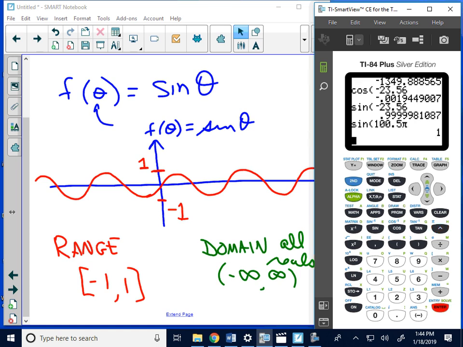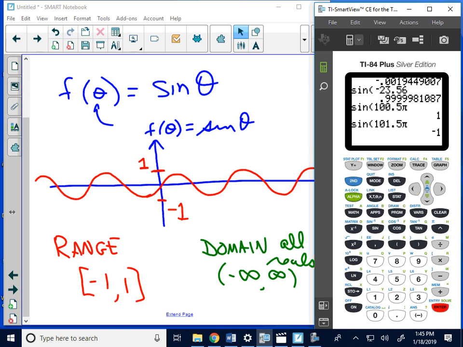It's like, oh, okay, so I can actually get to the top of the circle by doing 100.5 pi's, okay? And I can also get to the bottom of the circle. If I did 101.5 pi's, I get to the bottom of the circle.